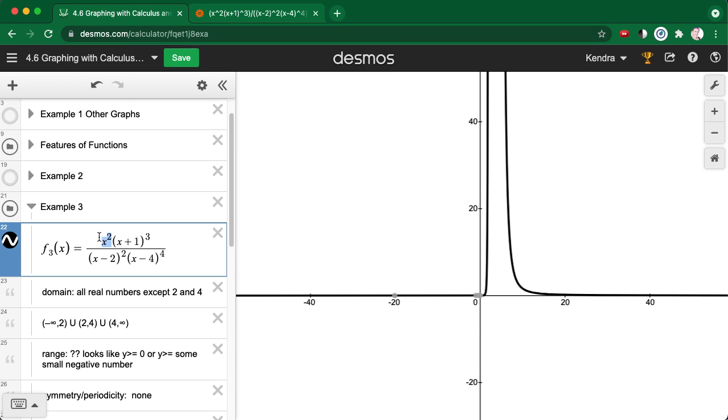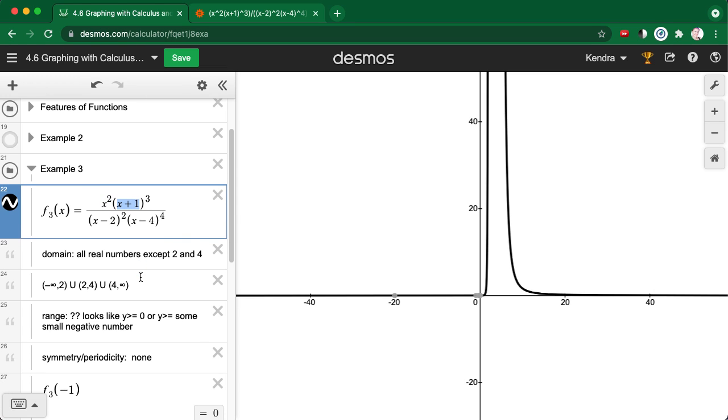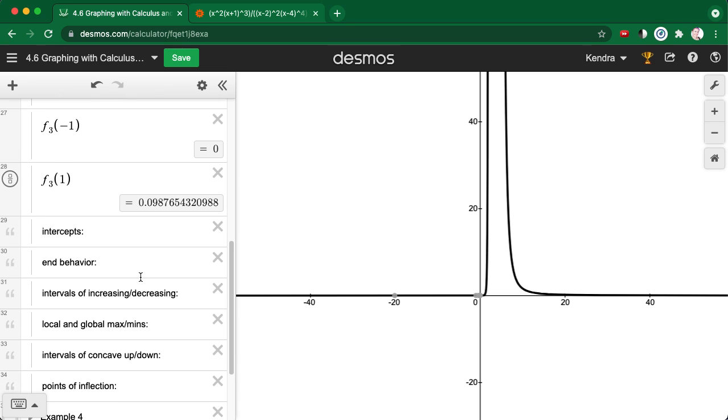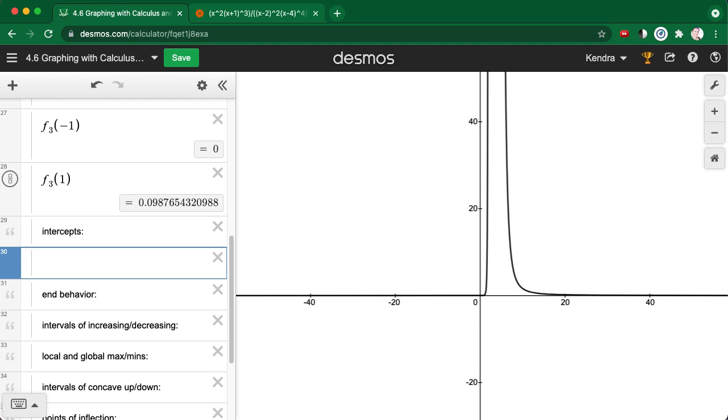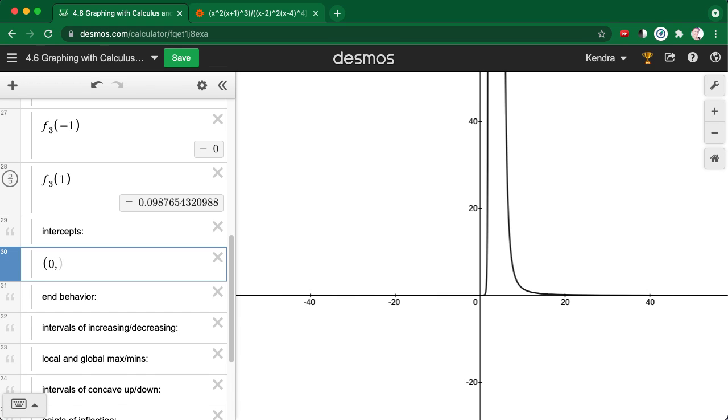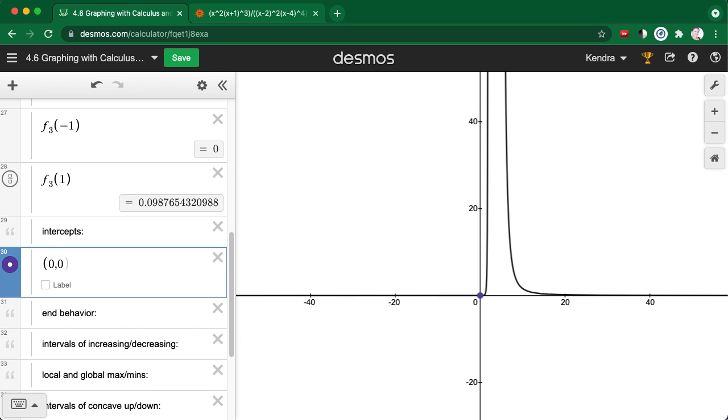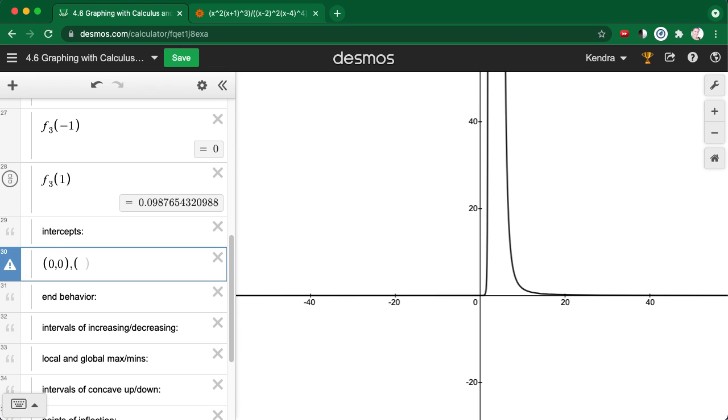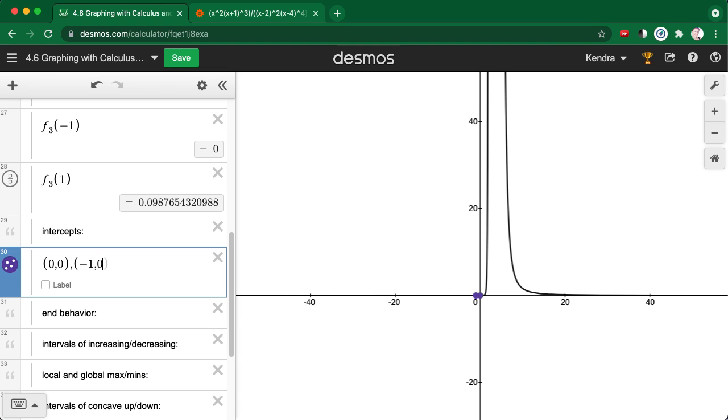So that's going to give us one intercept, and then -1 is going to give us an x-intercept. It's going to be (0, 0) and (-1, 0). Okay, those are the two intercepts.